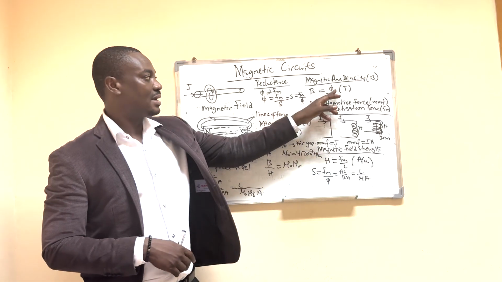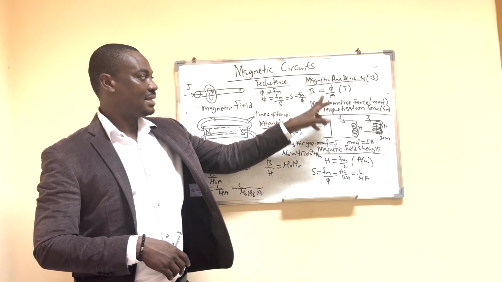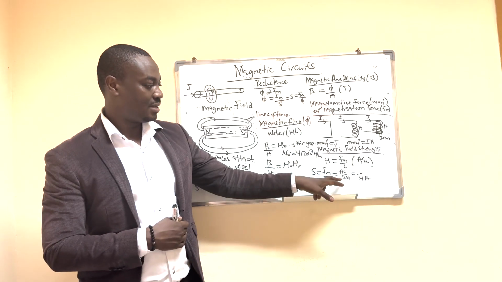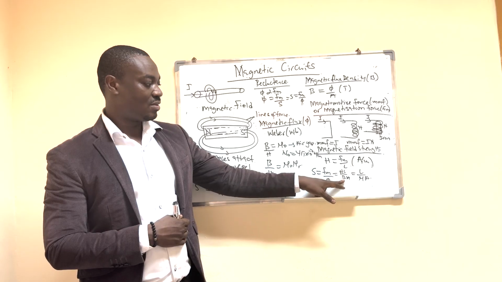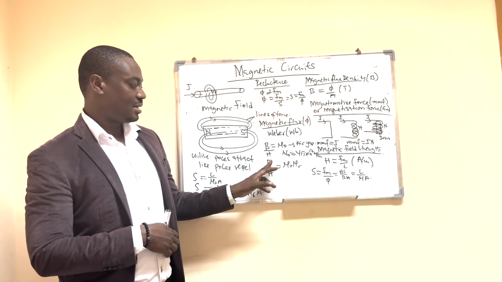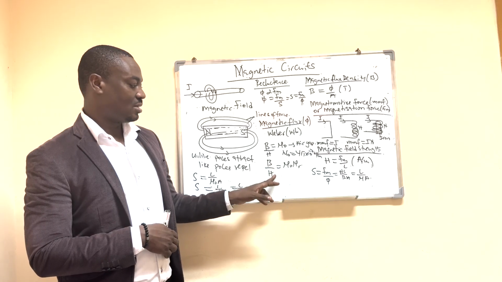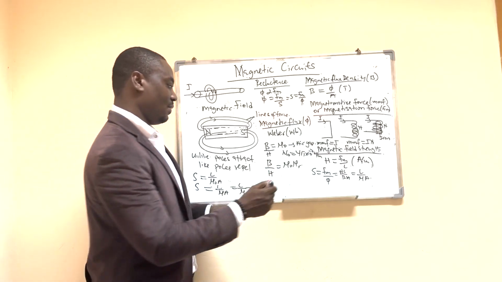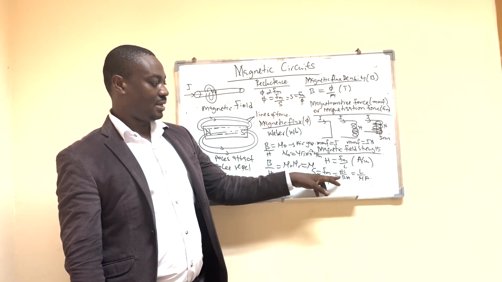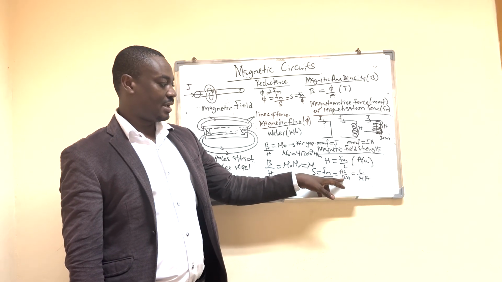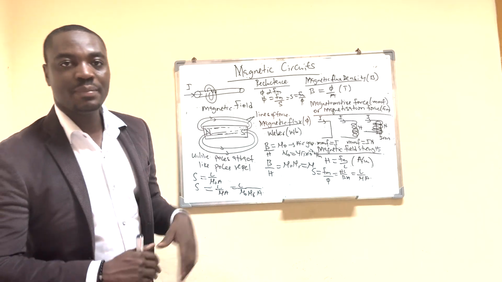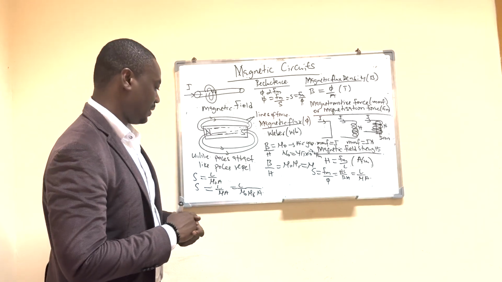If you make flux the subject, you get magnetic flux density times area. And then you can see here I have magnetic field strength over magnetic flux density. And I know that magnetic flux density over magnetic field strength will give you the absolute permeability, right? So here it's H over B, so that will be the inverse. So you have length over the absolute permeability times area, right?